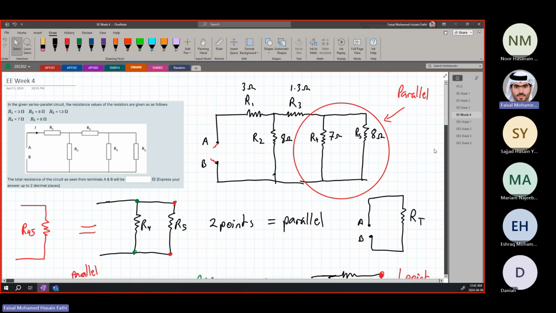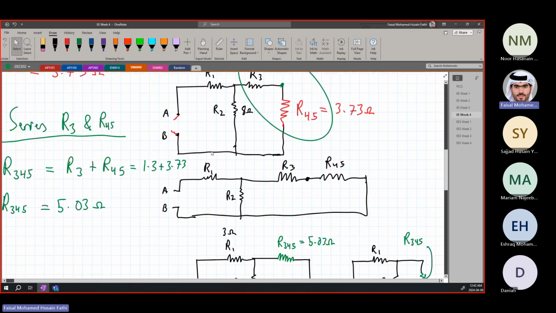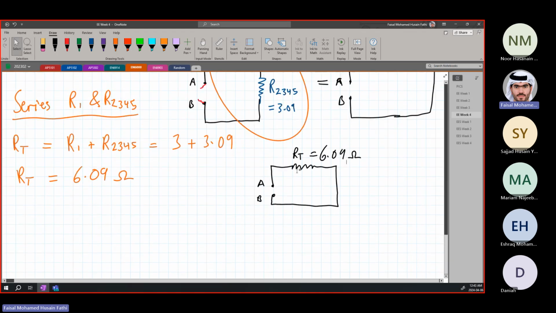You start from the end where there is no voltage source, or in this case an open circuit. You start from there and you go one by one looking at one pair of resistors at a time, meaning two resistors at a time. Don't go trying to look at what R3 relates to or whatever, no. Look at the furthest two and start simplifying from there until you have a single resistor.